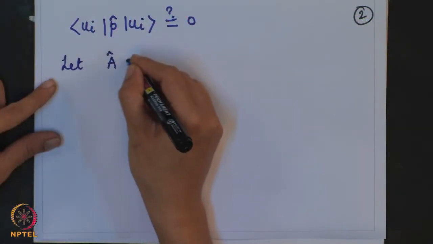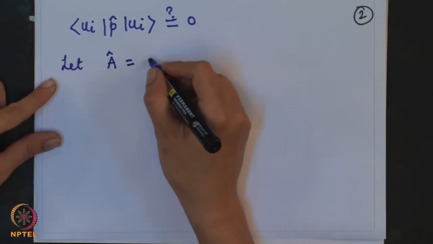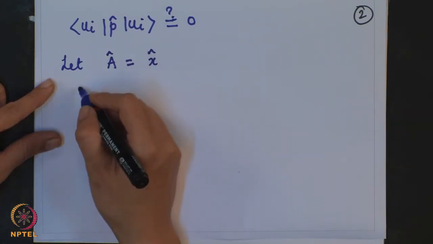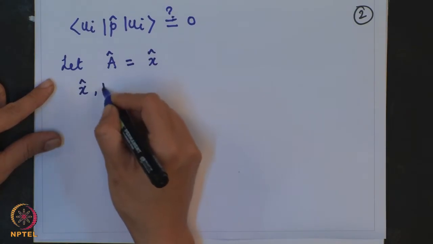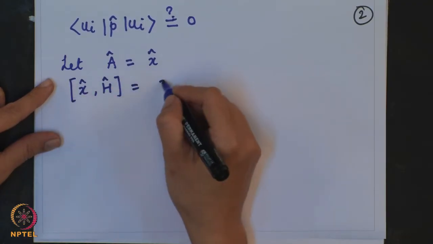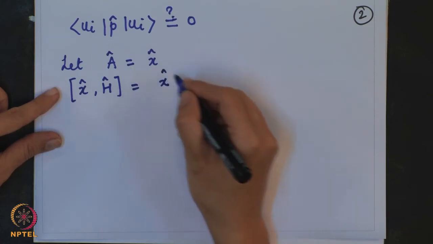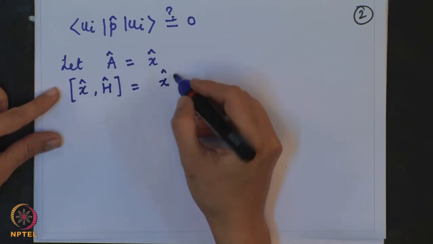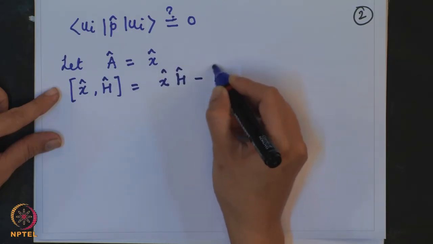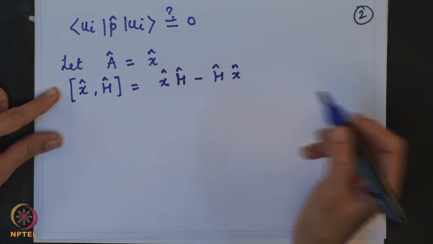So, let us start, let operator A be some x. Let us try this. So, what will be the commutator of x and H? It would be xH minus Hx, agreed.